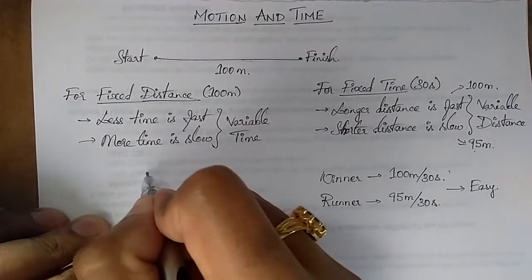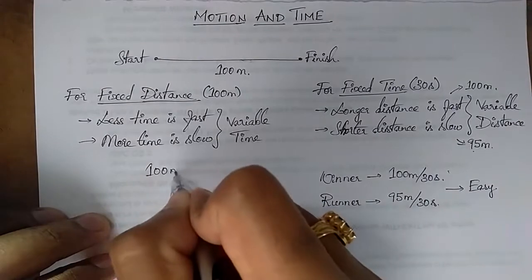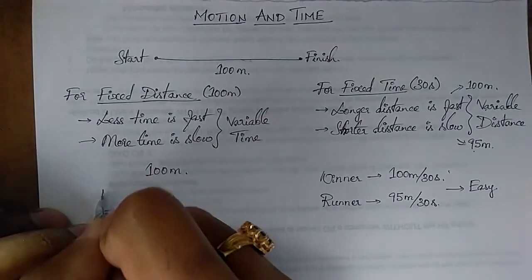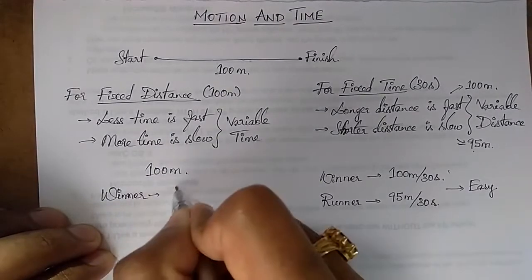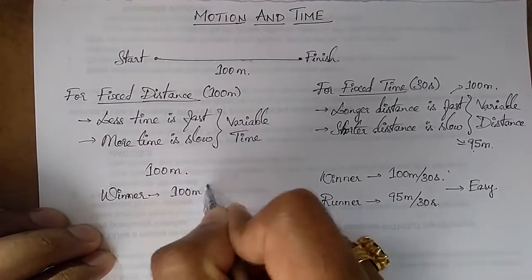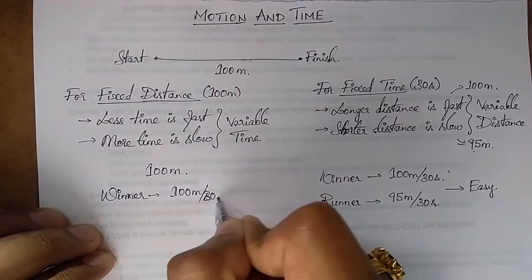But if you are fixing the distance to be 100 meters and you are talking of the winner, it is easy to represent as 100 meters for 30 seconds.